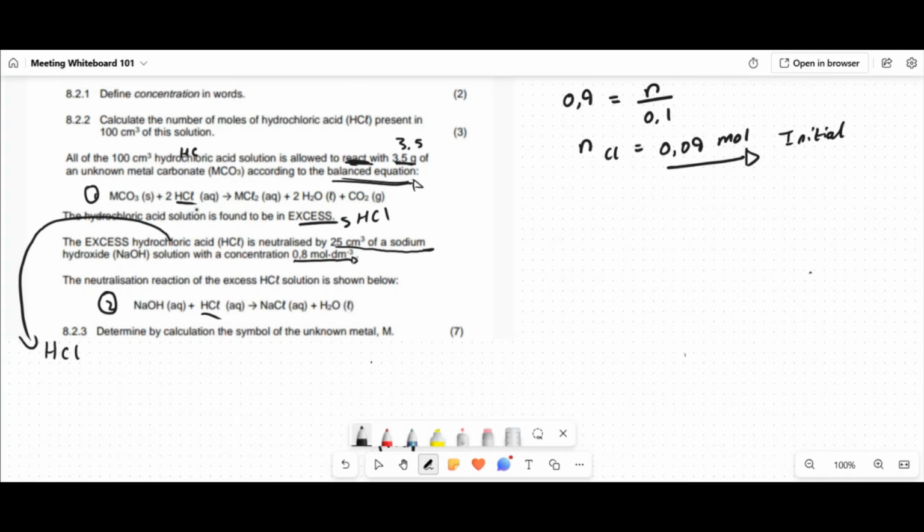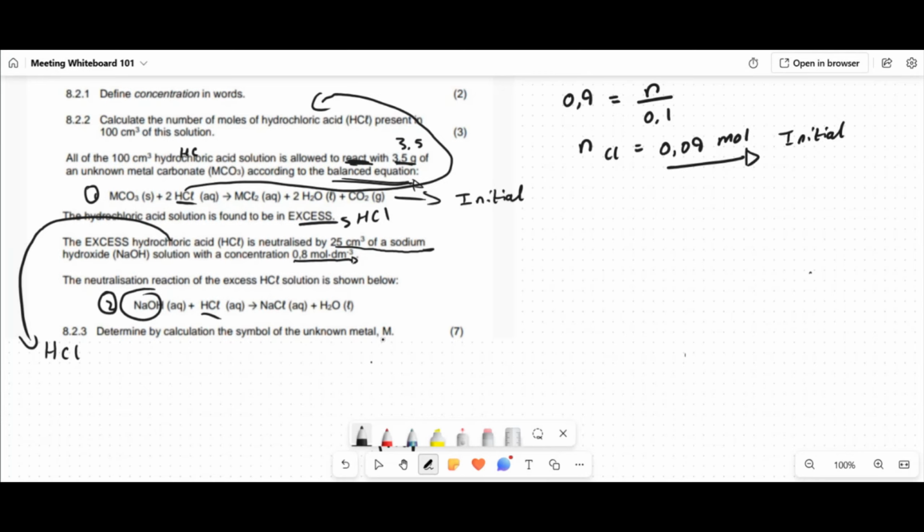That's why it was left. So we further made another titration by adding sodium hydroxide, which means there is a relativity between the two, right? The number of moles of HCl here is the initial number of moles, which we have calculated in 8.2.2. The number of moles there are the initial number of moles.